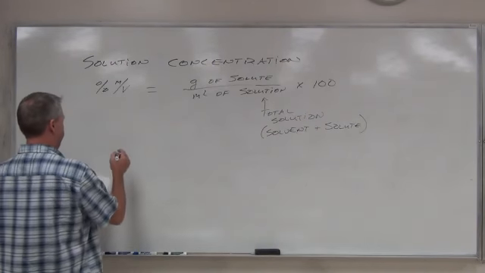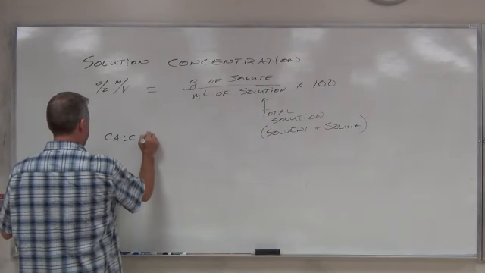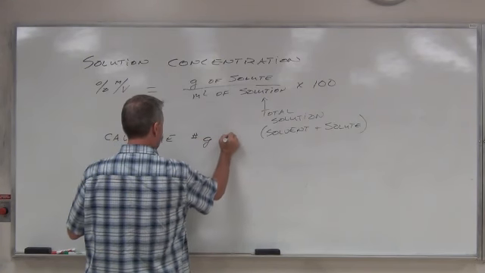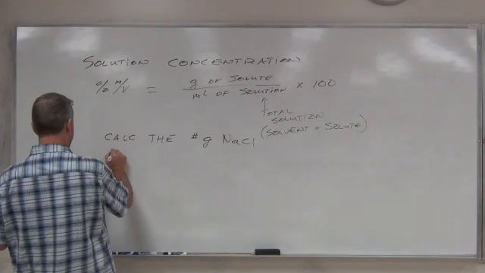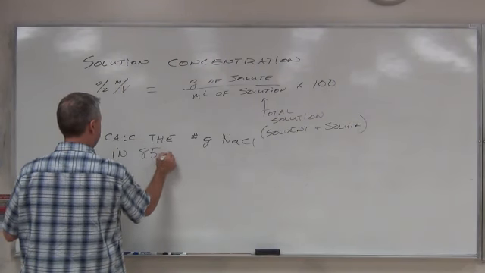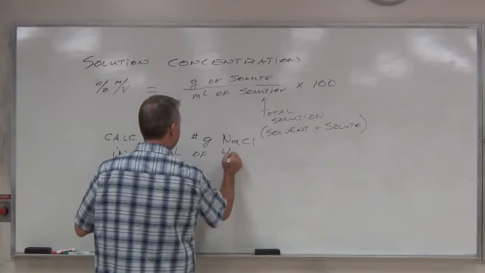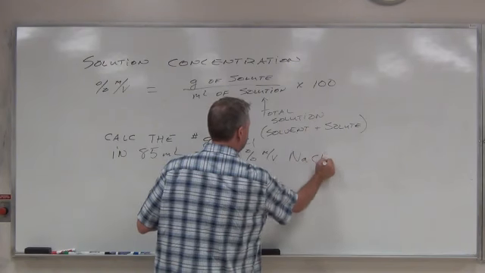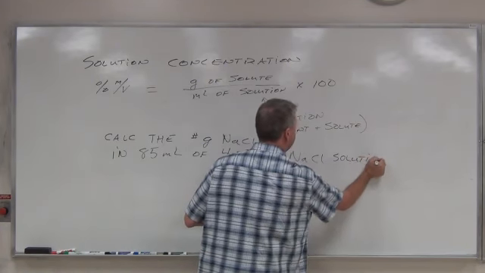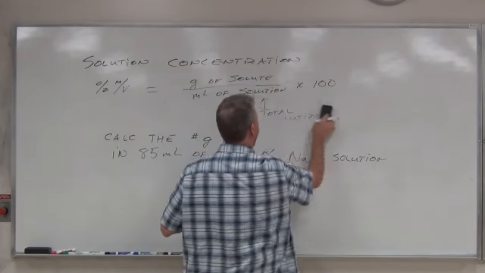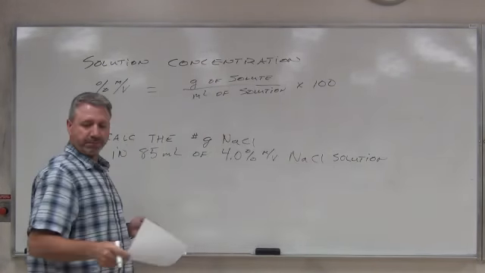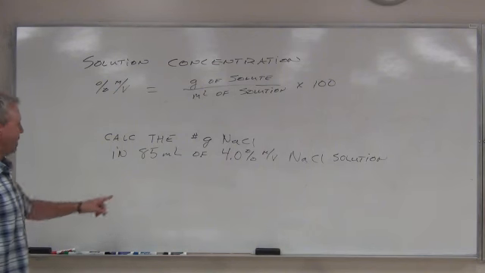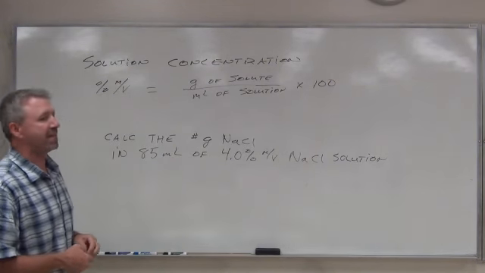What if we had something that said, let's say we wanted to calculate the number of grams of sodium chloride, NaCl, containing 85 mils of 4% mass volume NaCl.